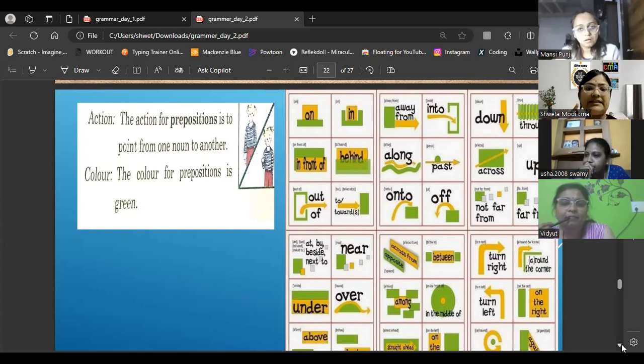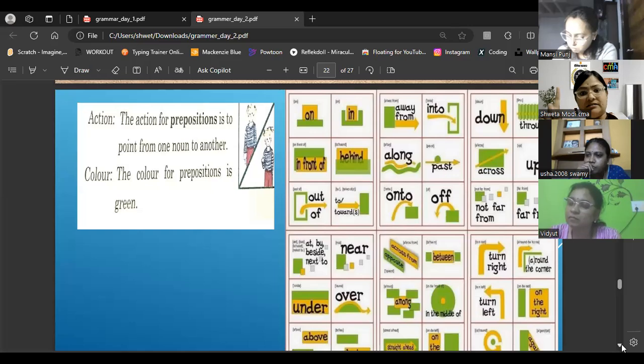For example, if I say the cat is sitting downstairs, it is not a preposition because after downstairs there's no object. The cat is sitting beside the table, then you have subject and object, so beside will be the preposition. Preposition connects a noun to another noun. Subject is also a noun, object is also a noun.